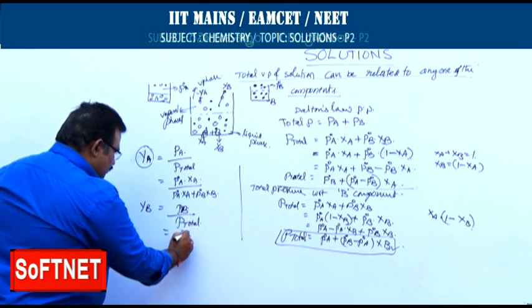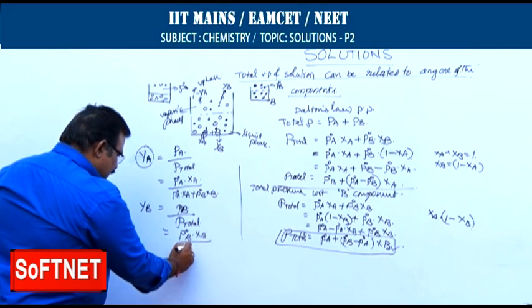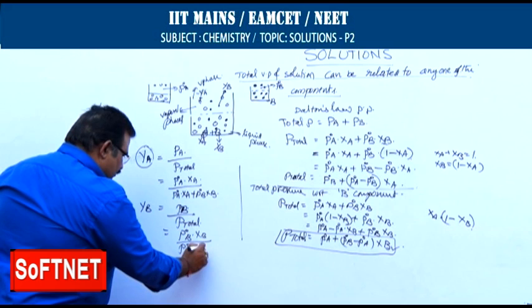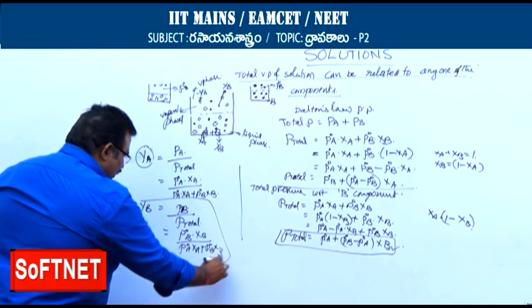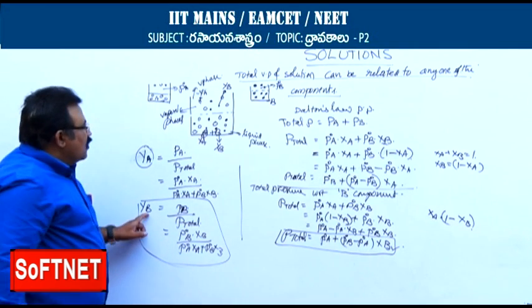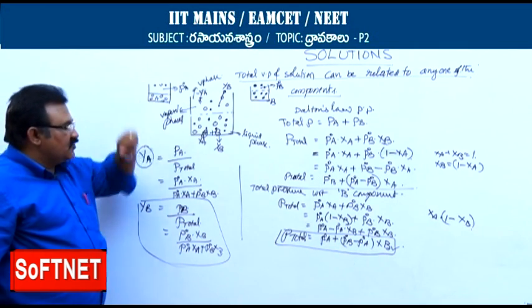That means P naught B XB by P naught A XA plus P naught B XB. In this way, we can calculate the composition of the A and B components in vapor phase also.